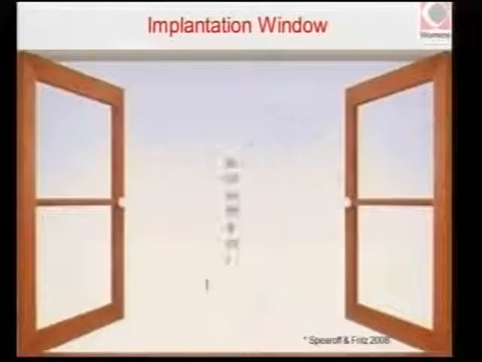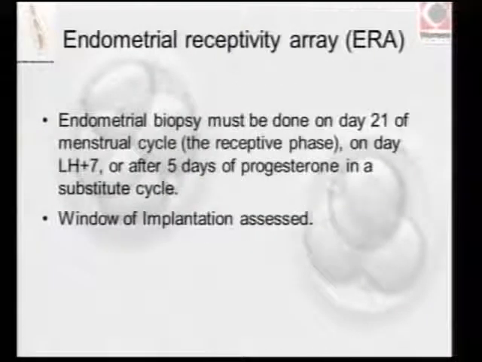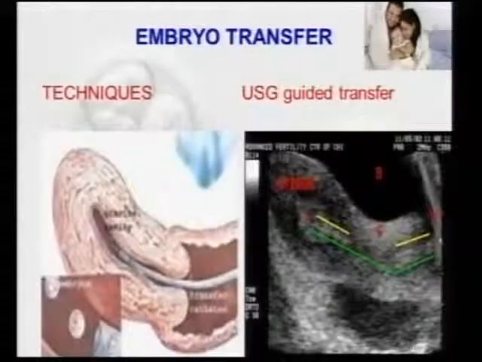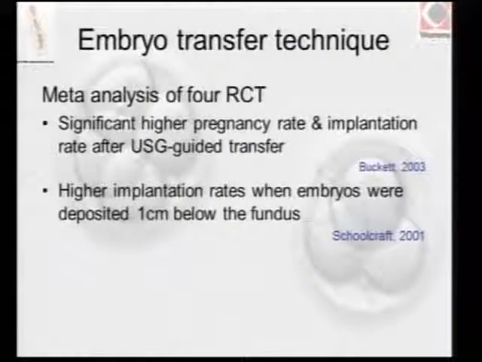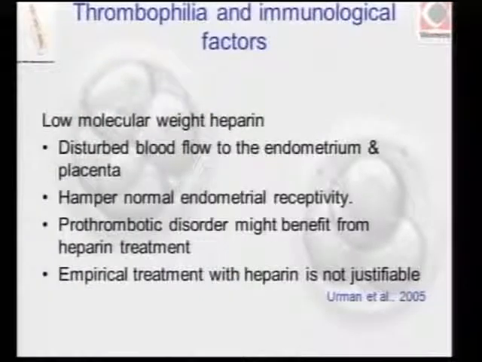And there is a current technology-intensive test which looks at the genomics that happen in the endometrium. It's called an endometrial receptivity array, which tells you what day that particular woman's endometrium is ready for the embryo to be replaced in. Endometrial injury, you again heard about it, the scratch of the endometrium prior to transfer, the techniques of embryo transfer, which are all very, very important steps in that.